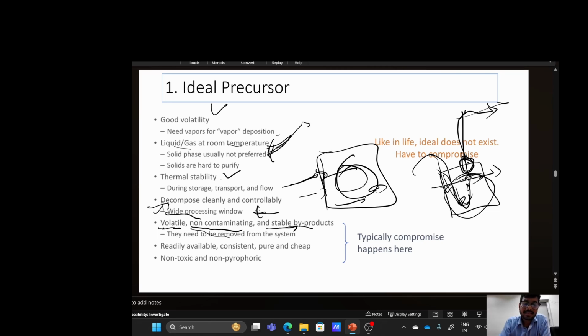They should not contaminate the environment. And if they are hazardous to the environment and we do post processing, that should be cheap.